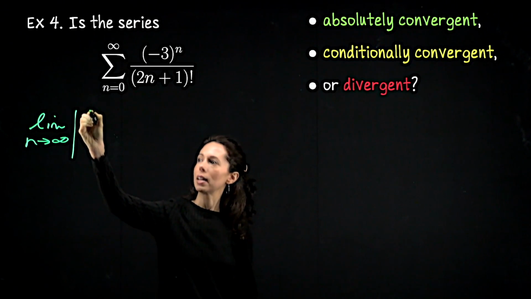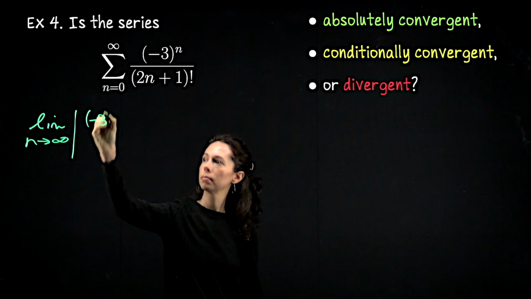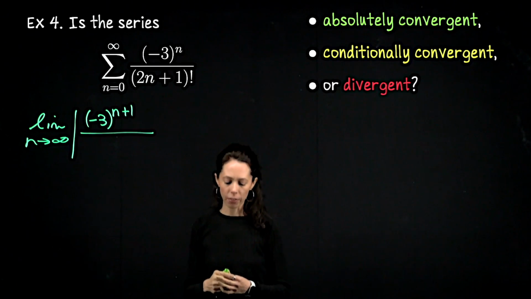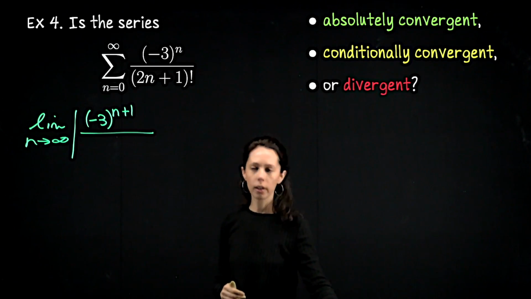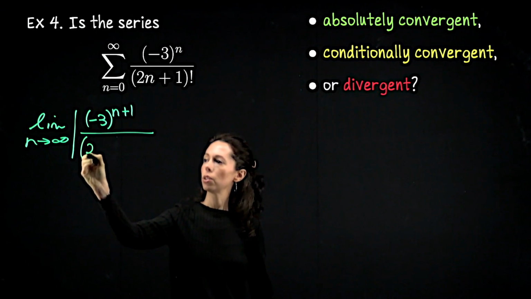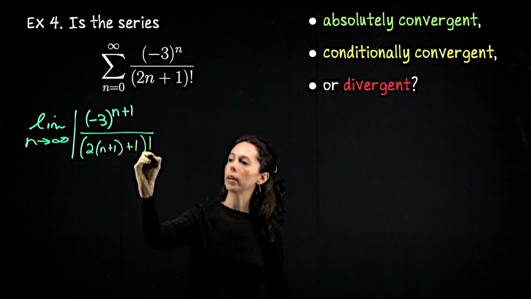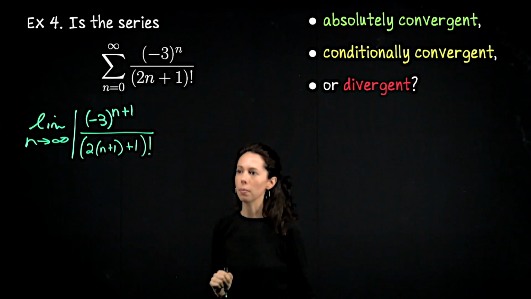So that's going to look like -3 to the n plus 1 divided by, let me be careful here because I've got that leading 2, 2 times n plus 1 plus 1 factorial. Just want to make sure you end up with the right expression there.